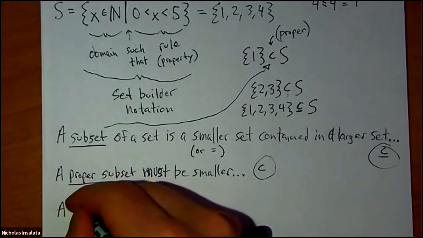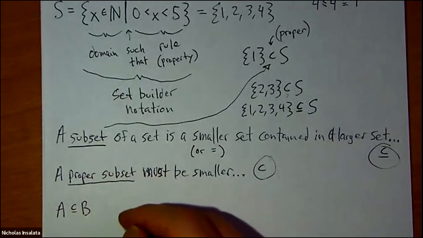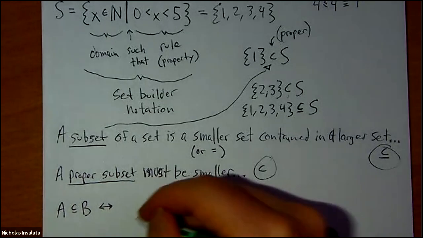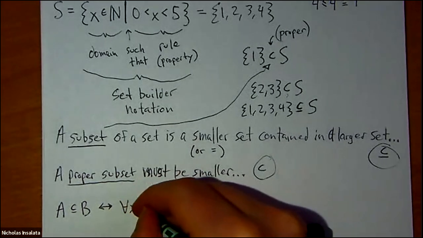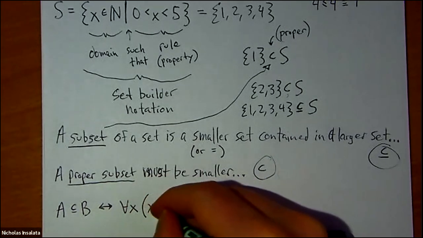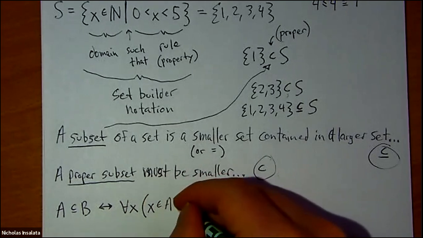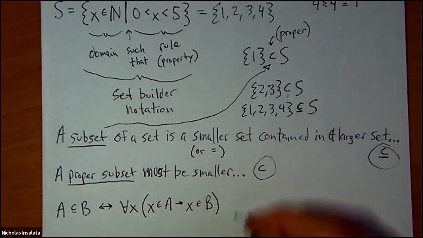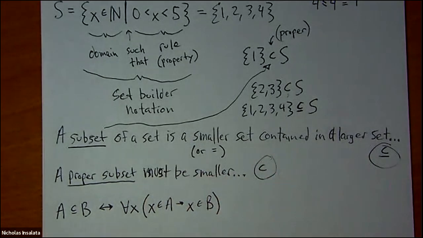A is a subset of B if and only if for all X, if X is an element of A, then X is an element of B. Okay, so that's a subset.